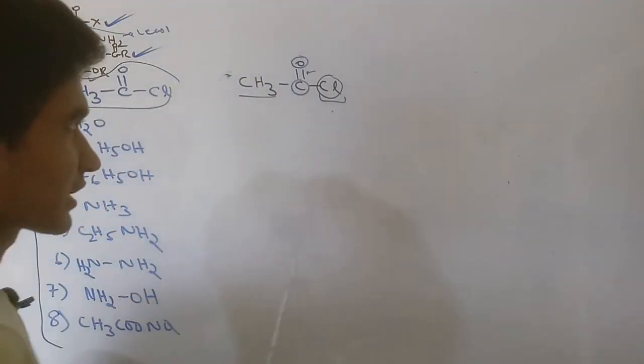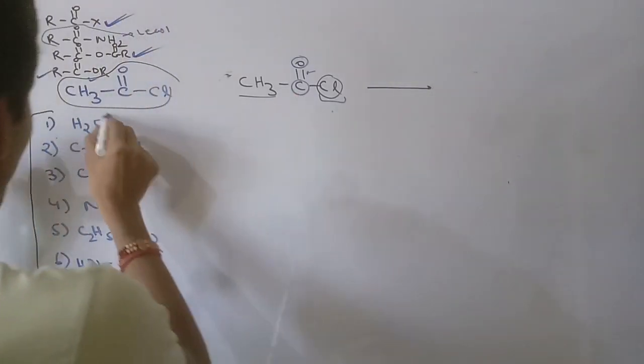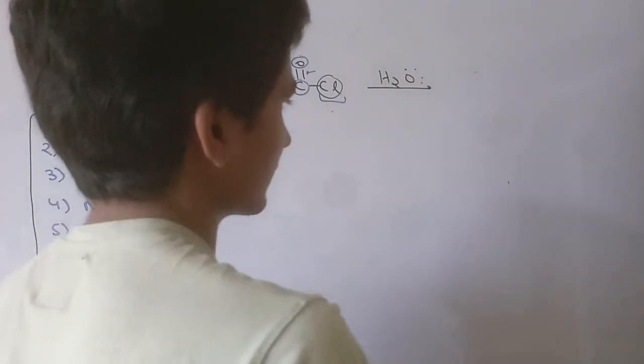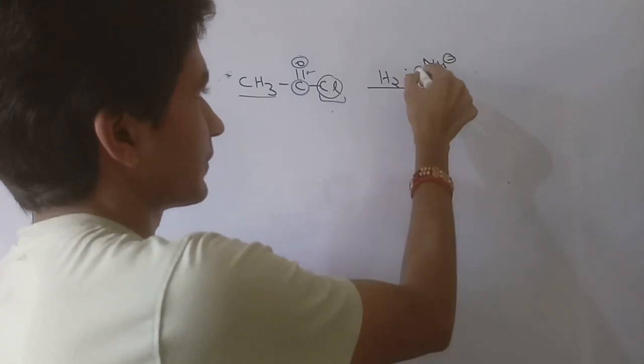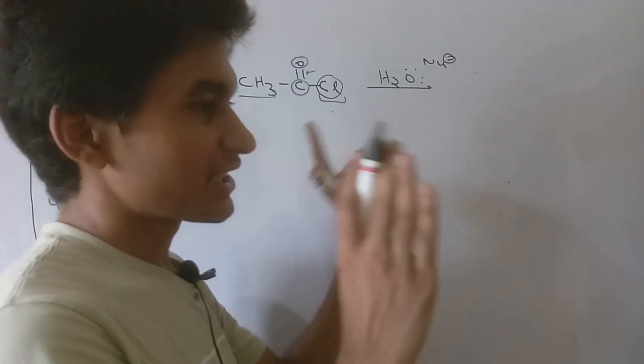Now we are going to form the product. If you are able to identify the type of reaction, you can easily form the product. This is a nucleophilic substitution reaction. The first reagent is H2O. I frequently said that H2O is a nucleophile because oxygen has a lone pair, but in which condition? After completing its octet.